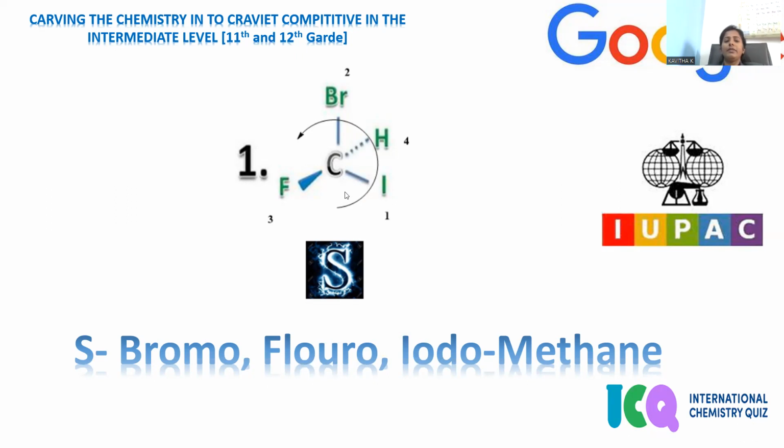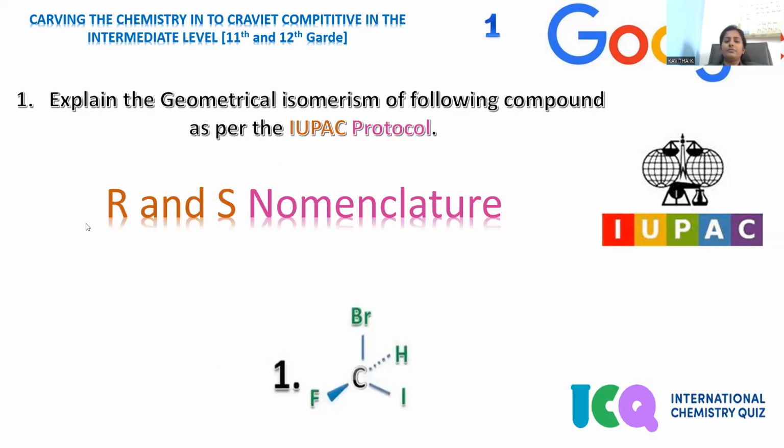Being it is a carbon one, parent chain will be methane. This is the way the entire name will be given. Let me repeat. Yes, bromo, fluoro, iodo, methane. This is the IUPAC nomenclature in terms of RS absolute configuration as well. For question number one, bromo, fluoro, iodo, methane is the IUPAC name of the compound.